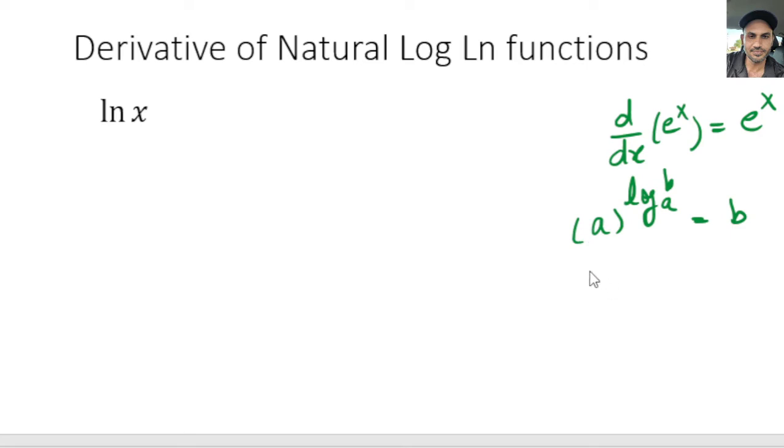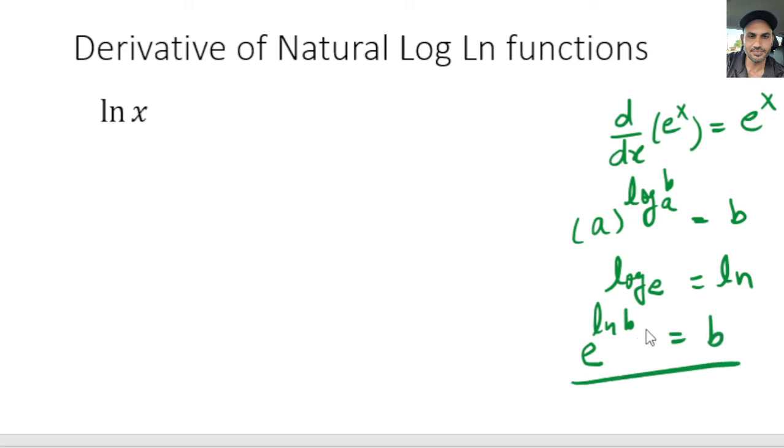Another thing we need to know is that the log with base e, the natural log base, is equal to ln. So e to the ln of some number b is going to be just b. This property is very important when we derive the derivative of the natural log of x.